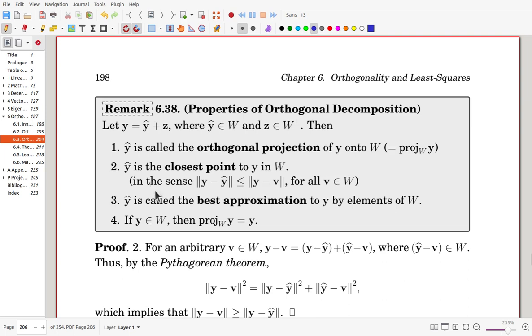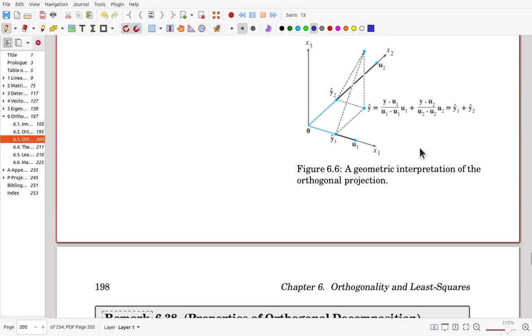That means y minus y hat, of course that is z, has a norm less than or equal to the norm of y minus v for any v from w. So y hat is the closest point. See this figure. y is there, then y hat is the projection onto the subspace, and y hat is the nearest point to y.